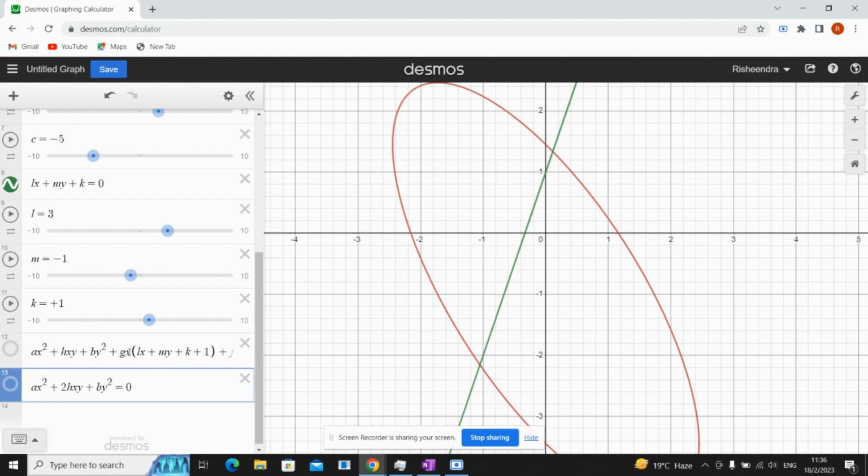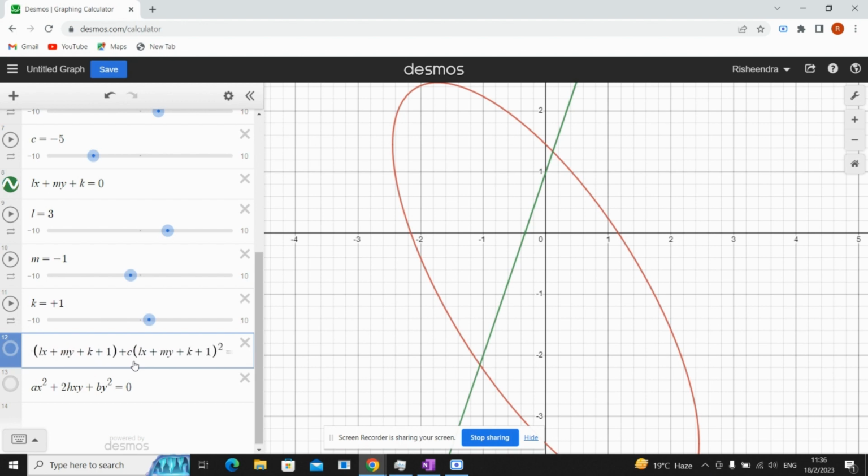Look at this. When we multiply it with g into gx, this will be an x square, second degree, and gx into y, second degree, and there will be a first degree term, which is when we multiply gx with k and gx with 1. Still it's only a first degree term, it only passes through the origin, there is no c. If you add a c to it, that means the straight line will not go through the origin.